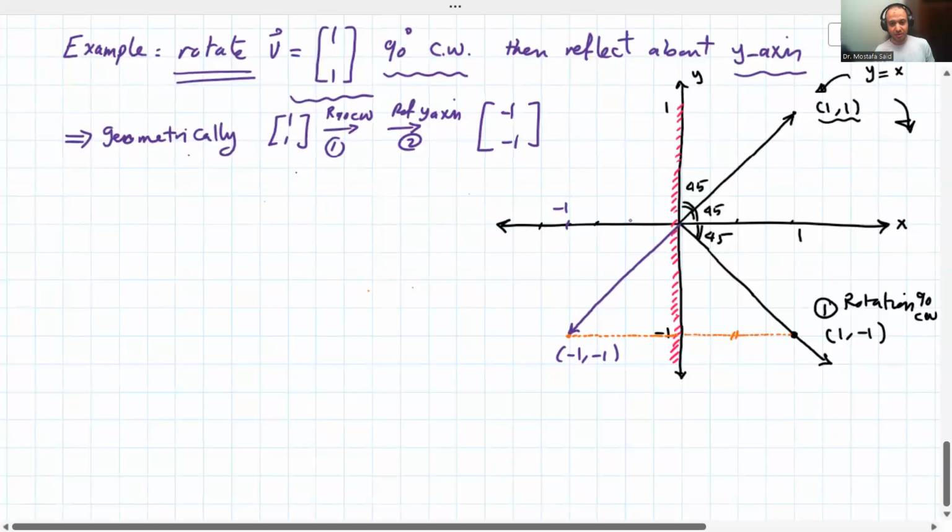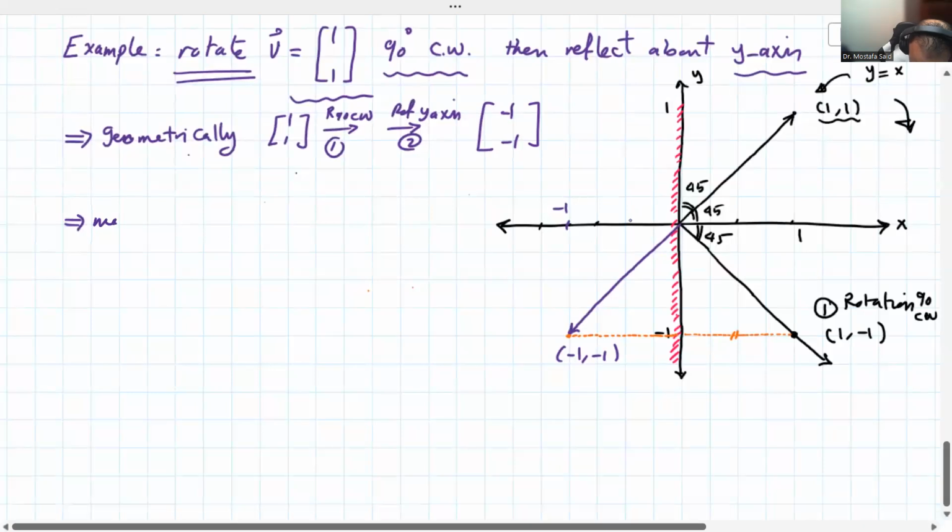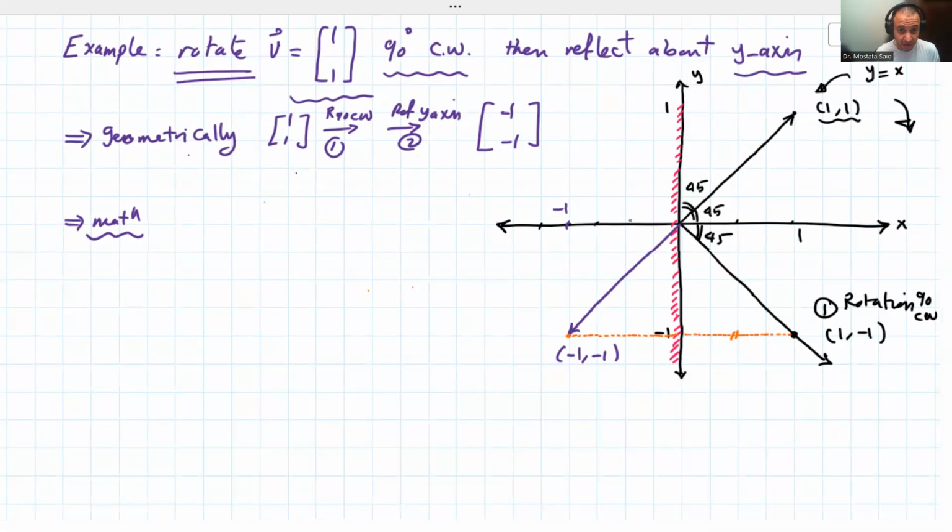So we know the answer. Now how do we do this mathematically? In math, we need to multiply this vector by two matrices. One represents the rotation, one represents the reflection.